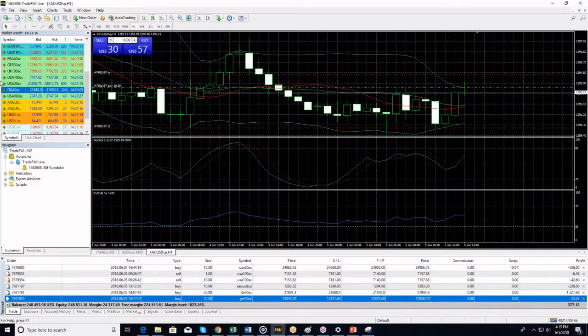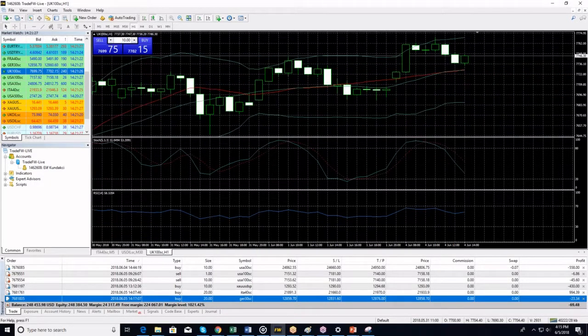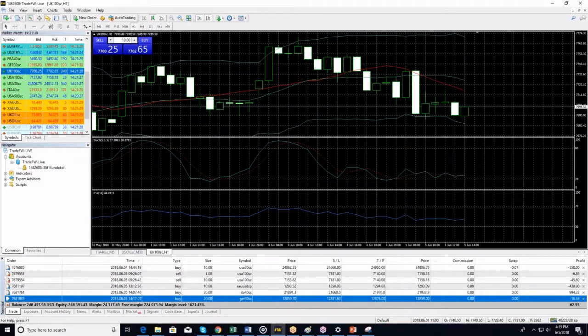Well, with USA 100, guys, since this morning I've been struggling with my Nasdaq position. It's eating a lot from my margin.